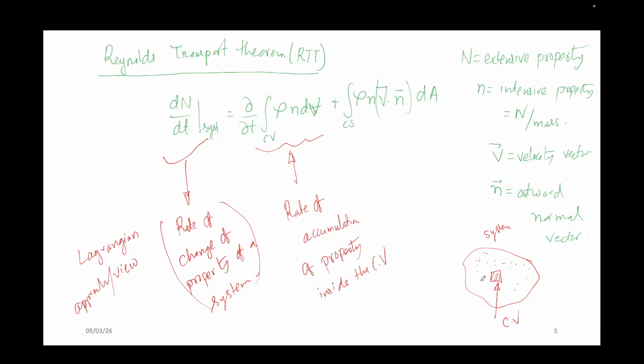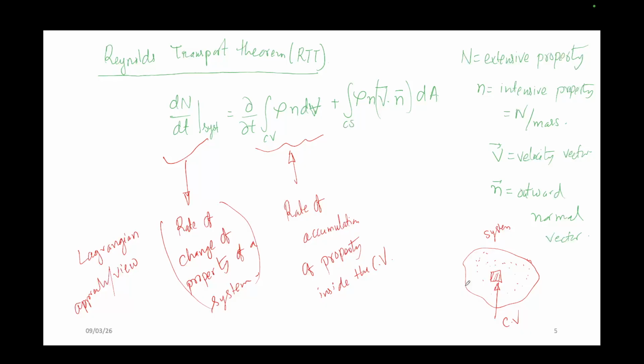Say in this control volume, how much property is getting accumulated. Like if you talk about a jug or a bucket, you are pouring water and somehow at the bottom there is a leakage. Though you are pouring water, something will be going out, so there will be some accumulation in the system. That accumulation is dealt with in this part, right?